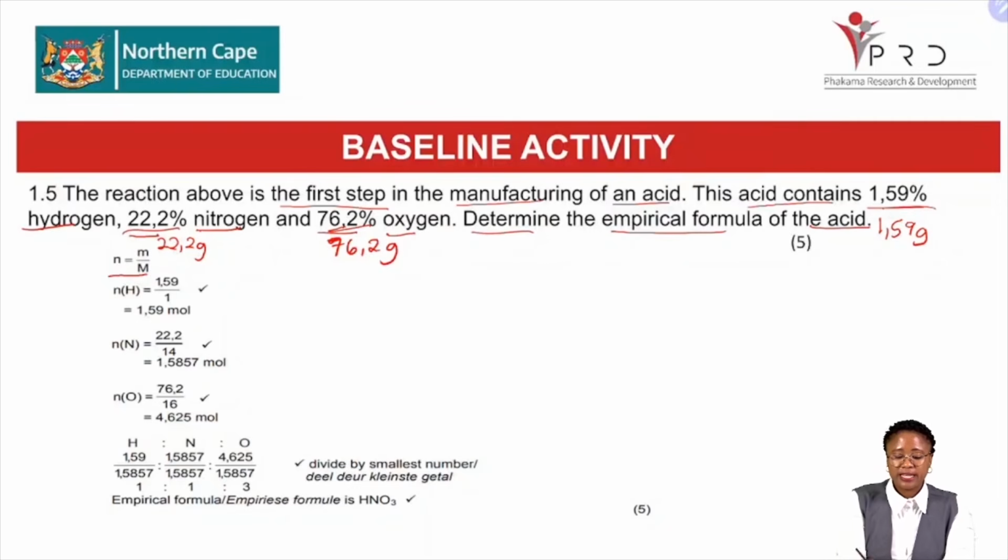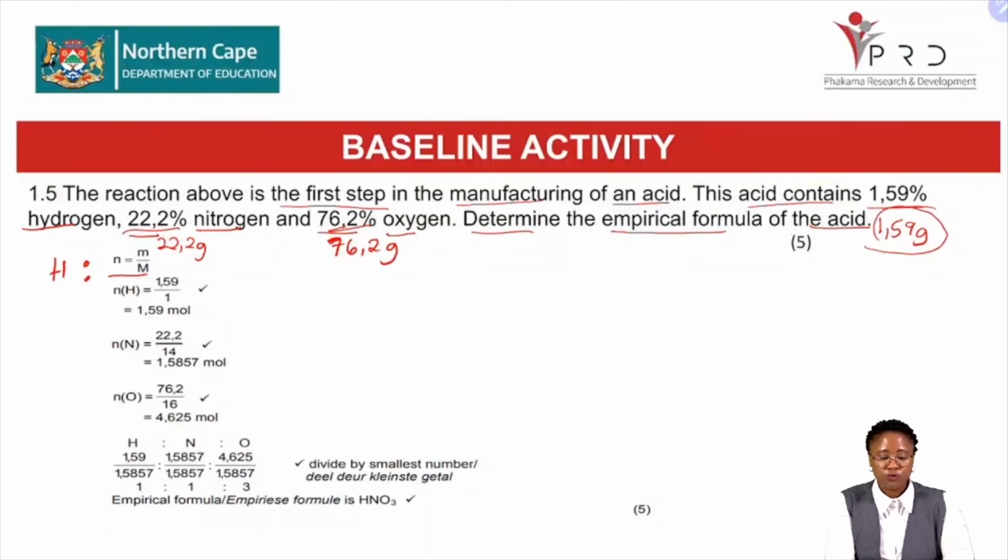Once you are done doing that, the next thing you are going to do is to calculate the number of moles, because you are given the mass. Over here I'm given the mass of hydrogen, so I've already calculated the number of moles of hydrogen. We use the formula n equals m over molar mass.